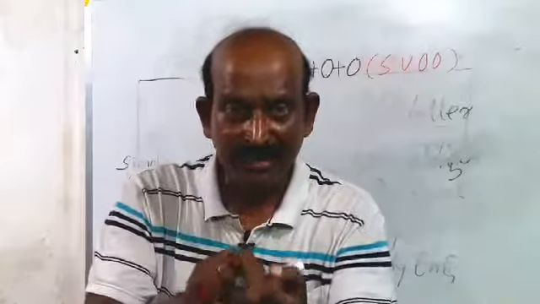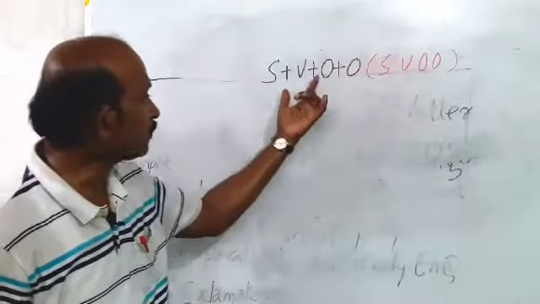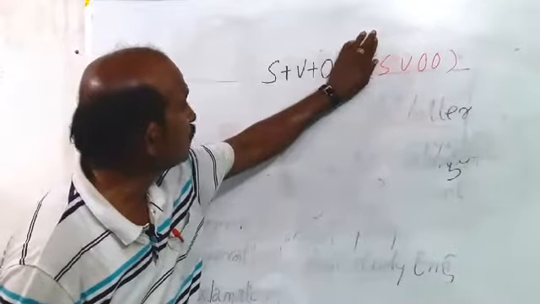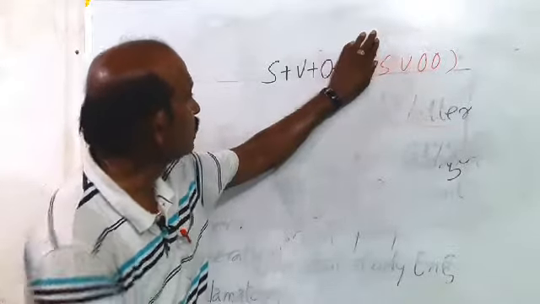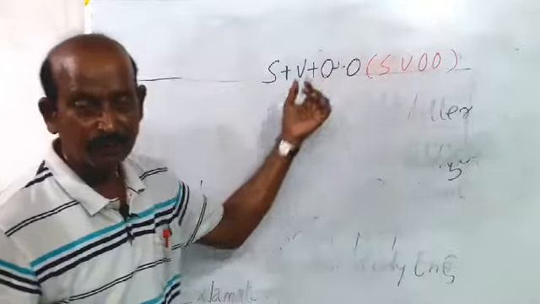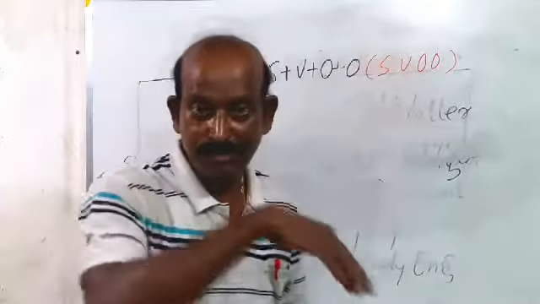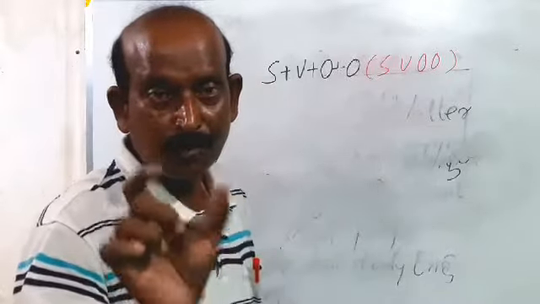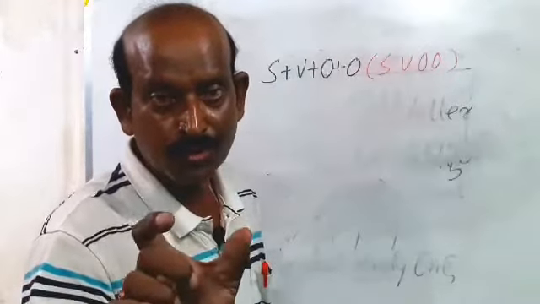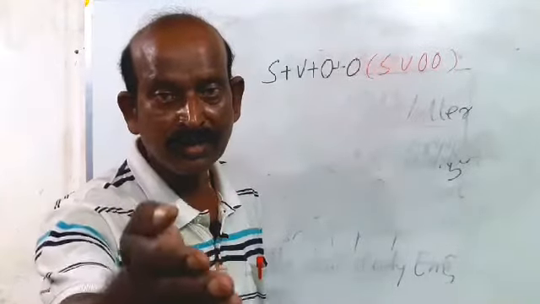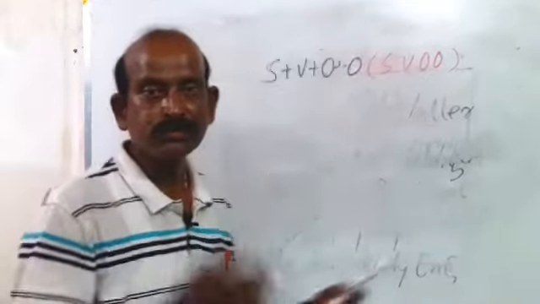In the previous pattern, SVO, that was the monotransitive. I wrote a letter. Previously I wrote it on the whiteboard. The verb wrote passes over only one word, that is, a letter. So that was the monotransitive.